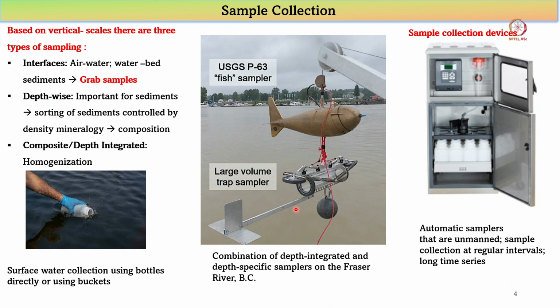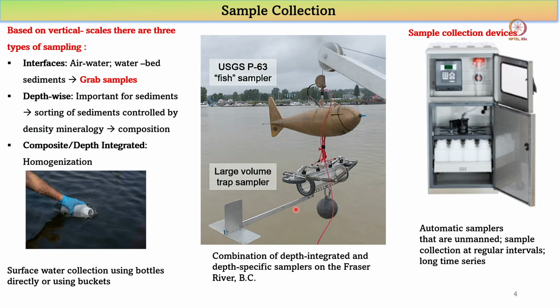So you take a sample from the left bank also, you take a sample from the right bank also, and you mix it. If possible, you can treat them as separate samples, or you can mix it and say that that is your composite sample. Okay, so this composite sample, you can now take a measurement.